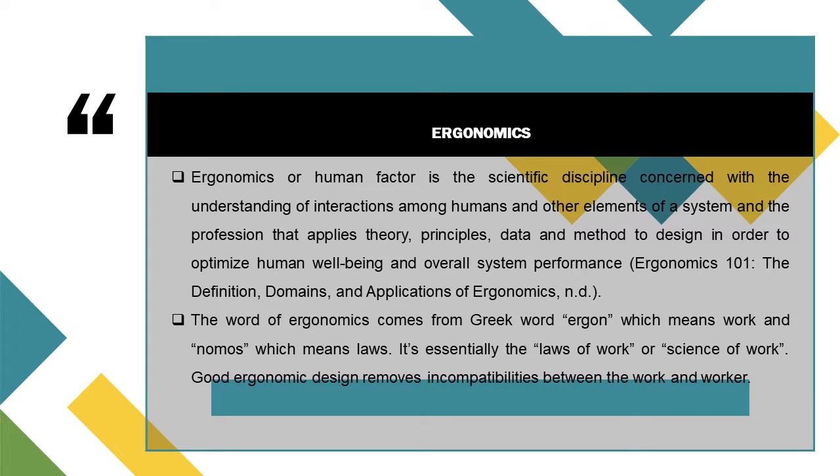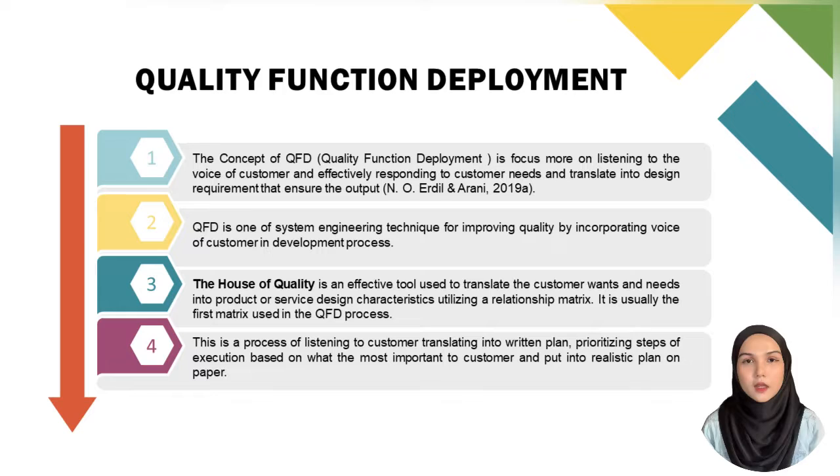The word ergonomics comes from the Greek words ergon, which means work, and nomos, which means law. It's essentially the law of work or science of work. Good ergonomic design can remove incompatibilities between work and worker.